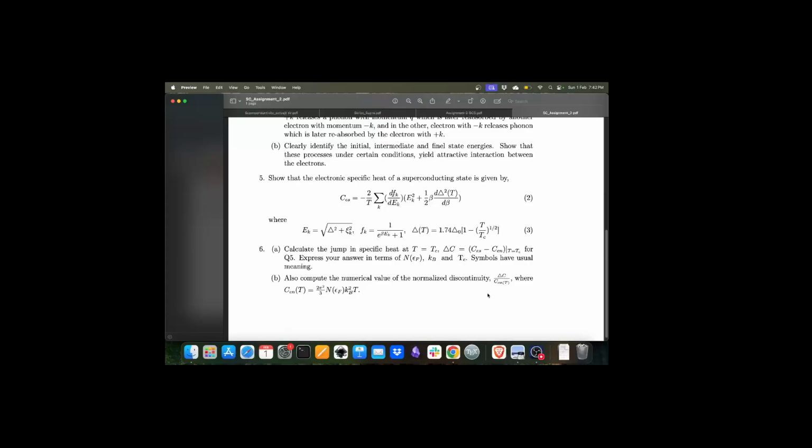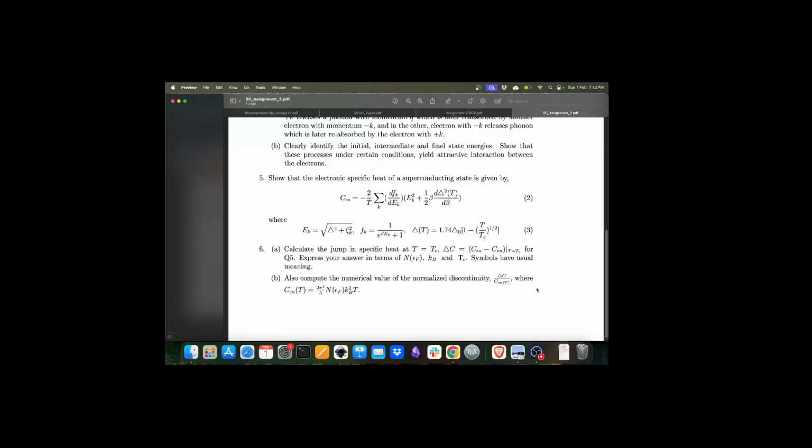Of course, in the T goes to T_c limit, it will be something like 9.4 times the number density, or the states at the Fermi energy, and then k_B squared T_c. So this will be the delta C.